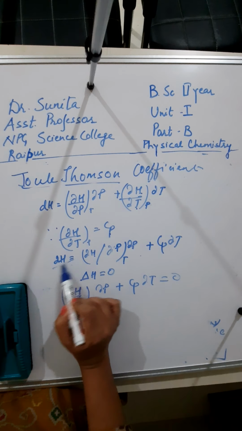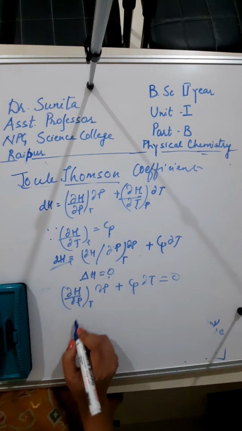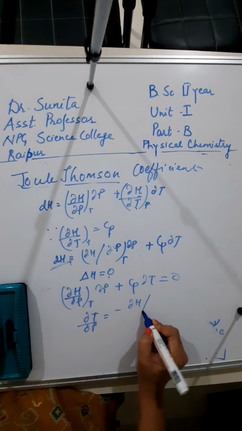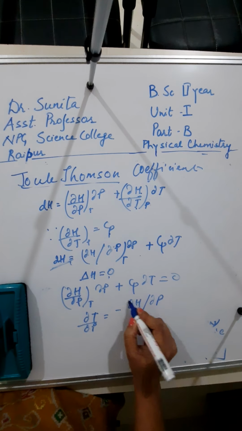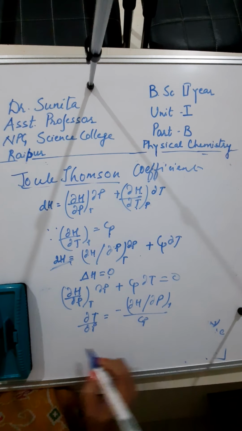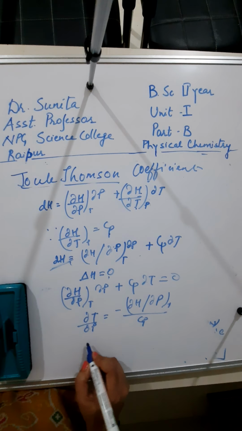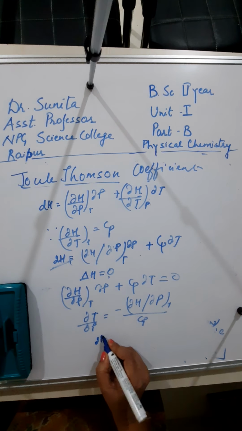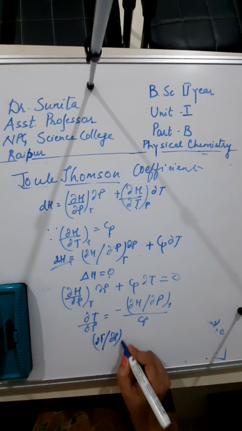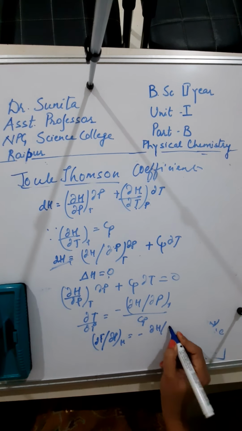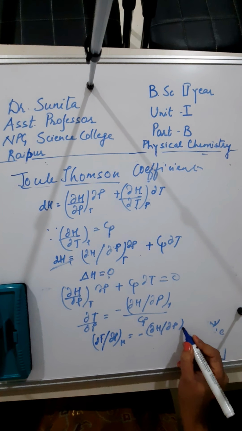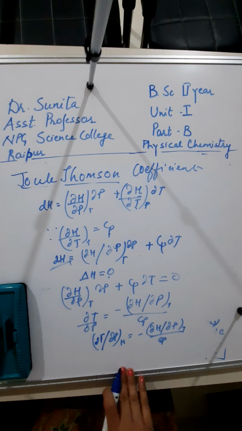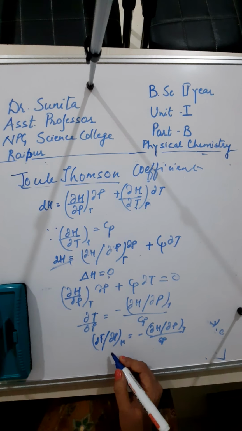Simply in this equation we have substituted delta H as 0. Rearranging the equation, we got minus del H over del P at constant T divided by Cp, equal to del T over del P, where del T is the lowering in the temperature or the cooling effect.